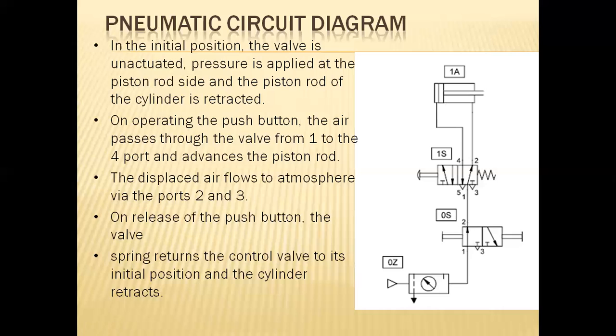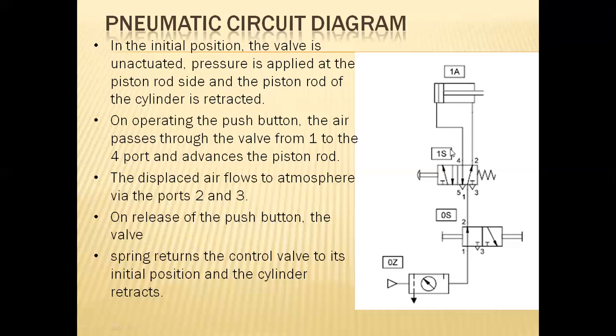Hence, we'll have a glance over this pneumatic circuit system. On operating this push button, the air passes through the valve, and the filtration, regulation, and lubrication process has already started. When the push button is switched on, this position will be connecting into the circuit. So first and fourth position will take place, and hence the compressed air will enter in this particular direction, and here it is directly released to the atmosphere.